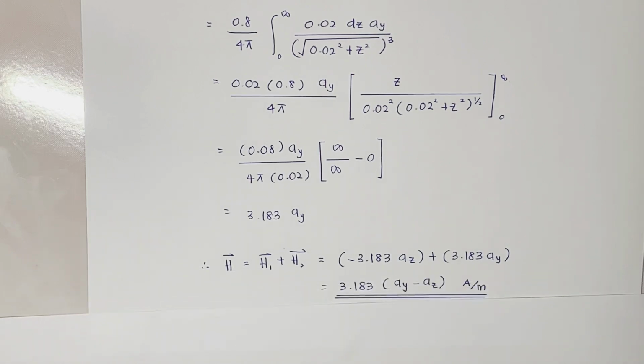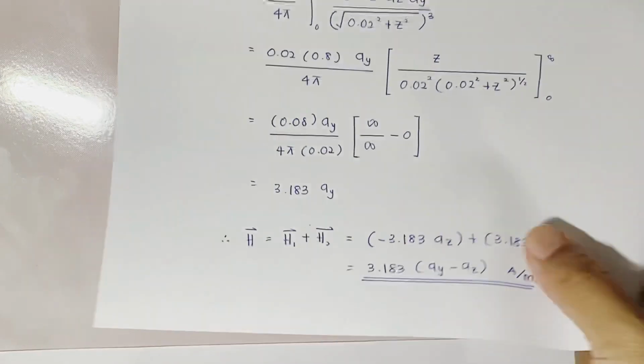Don't forget the question wants you to determine the magnetic field intensity induced by the wire at point P. So you need to add up H1 and H2, and you get the answer 3.183 ay minus az ampere per meter.